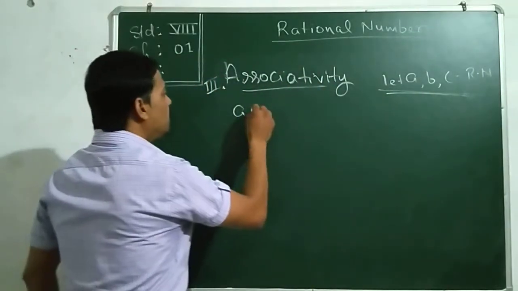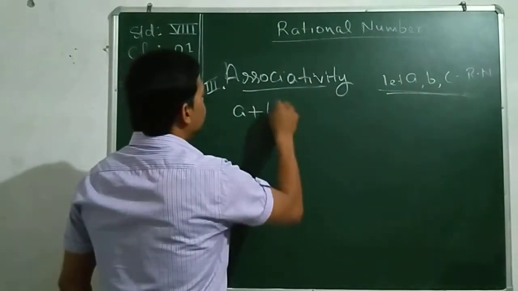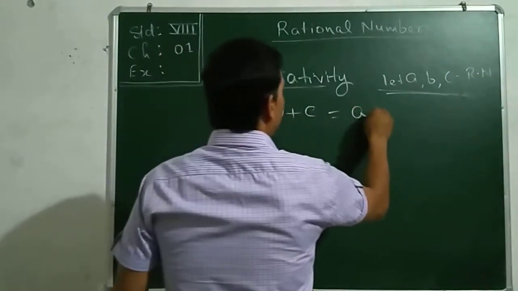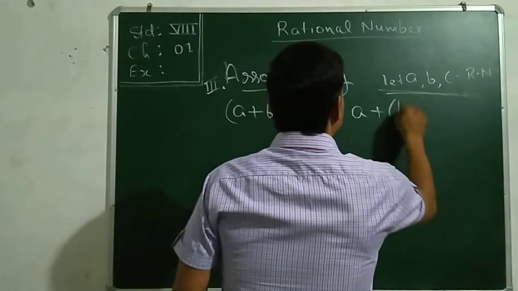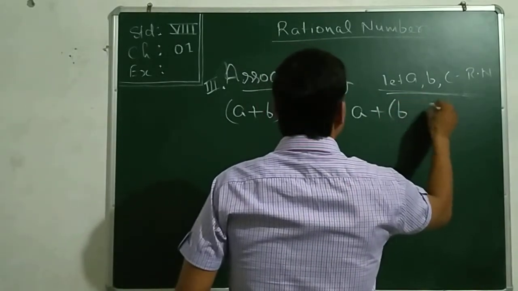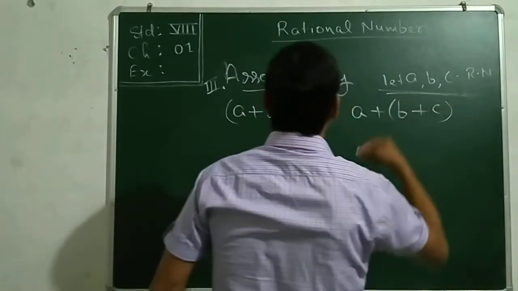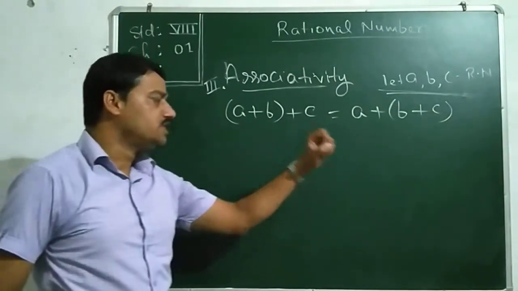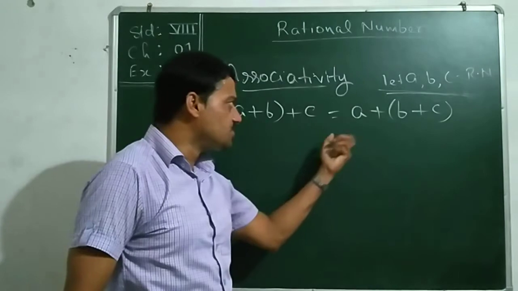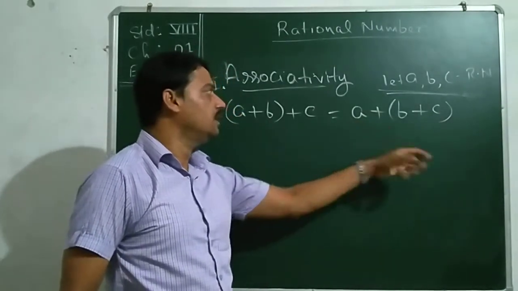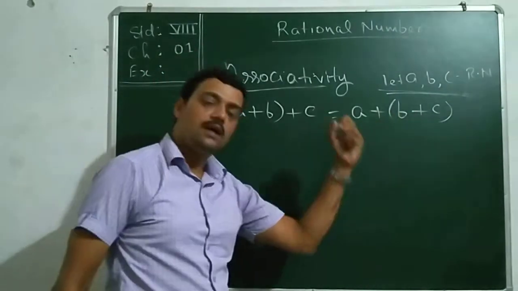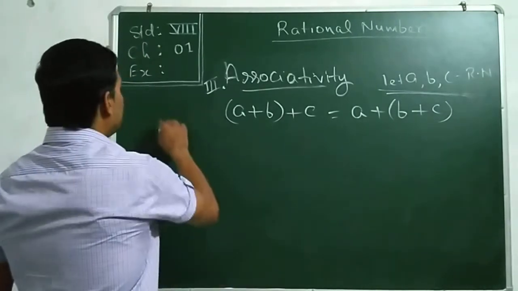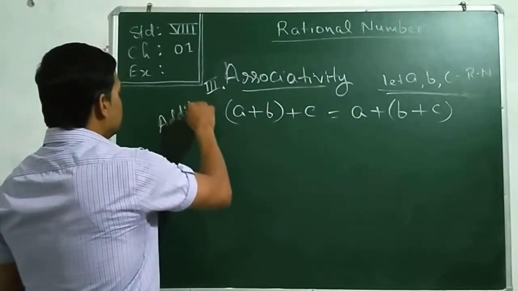Then (A plus B) plus C will be equal to A plus (B plus C). That means if we add the sum of A and B to C, we will get the same result as if we add the sum of B and C to A. This is associativity. This applies for addition.